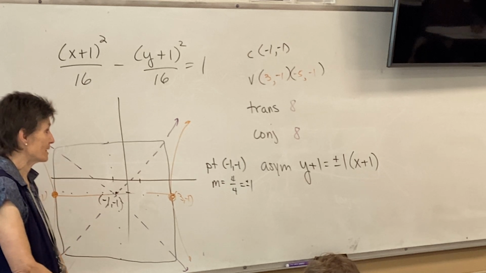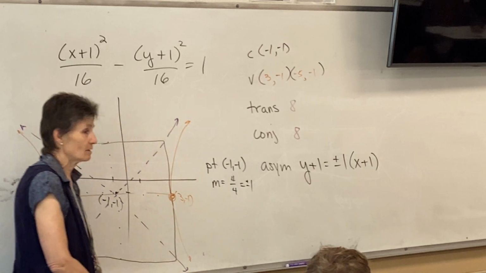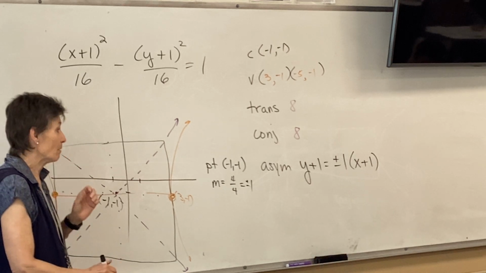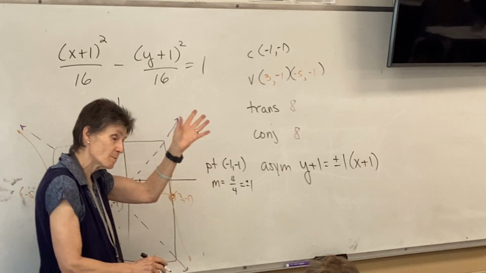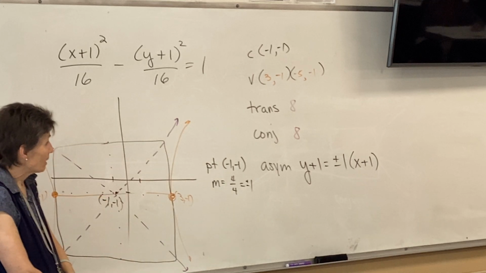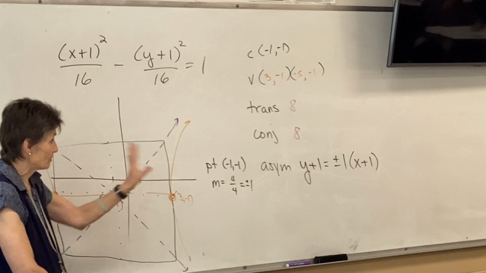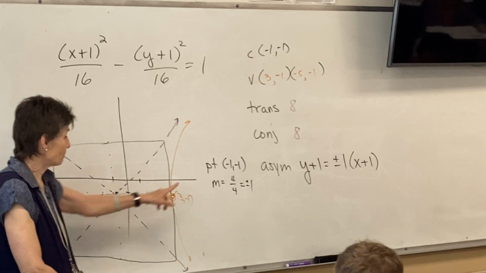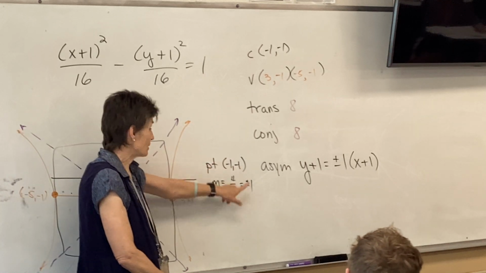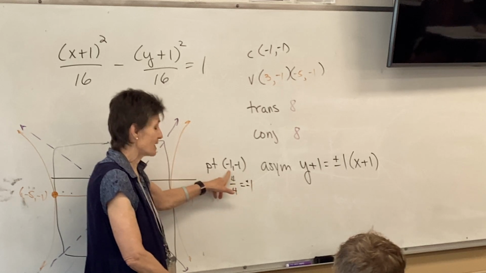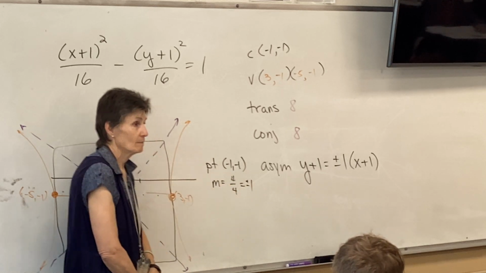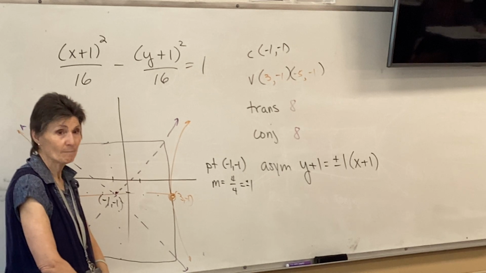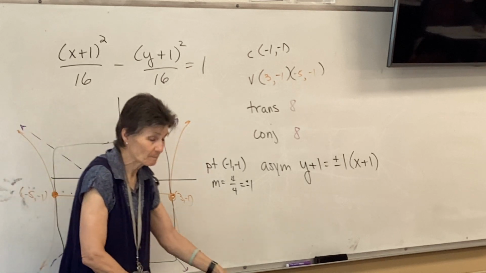Those would be the equations of the asymptotes. If you wanted to do the distributive and all that stuff, you can, but that's your point-slope form. Just leave it like that. So y plus 1 equals m times x plus 1. That's it. All right, so starting to come back from last time a little bit.